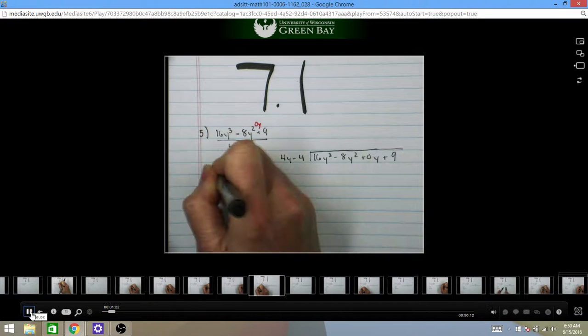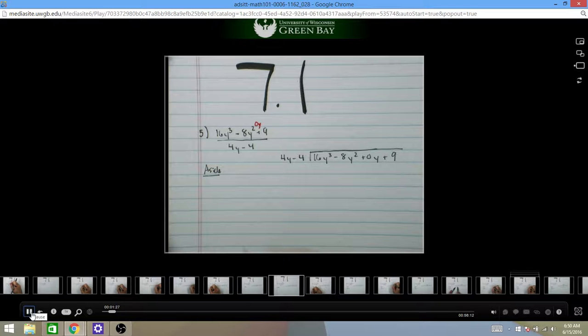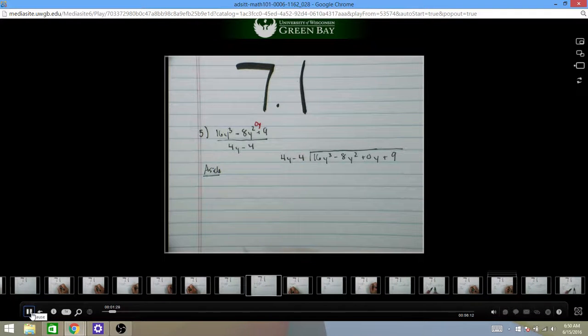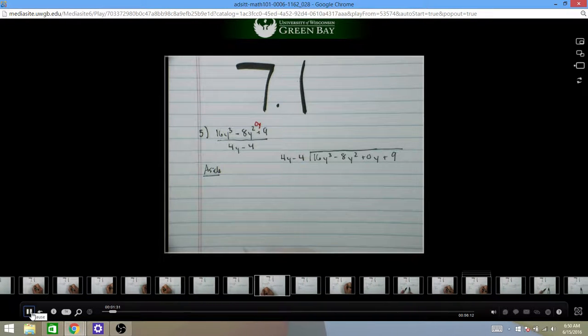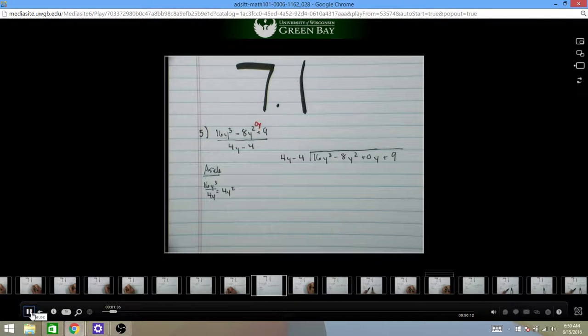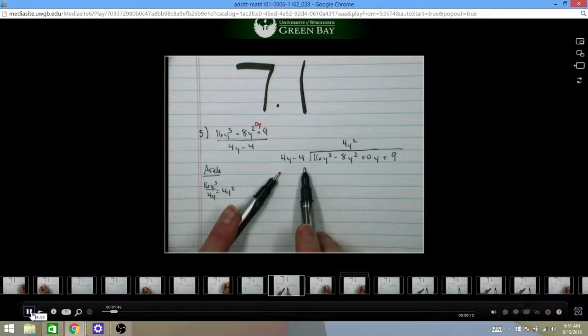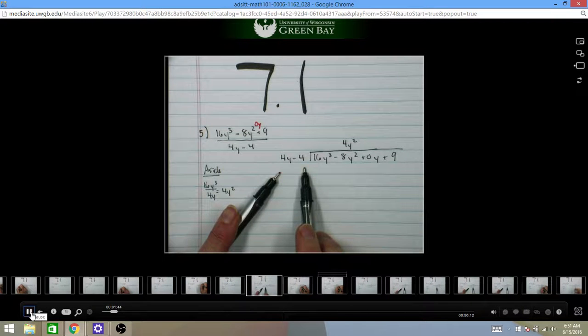So off to the side, we'll take the 16y cubed and divide it by 4y. We get 4y squared. And then we take the 4y squared and multiply it times each of these. So we get 16y cubed minus 16y squared.